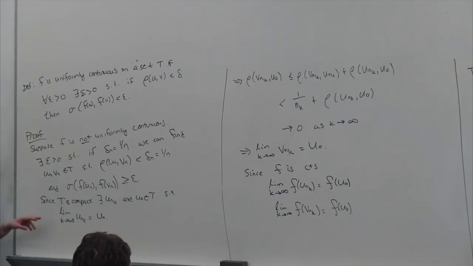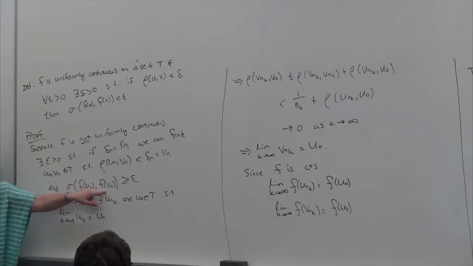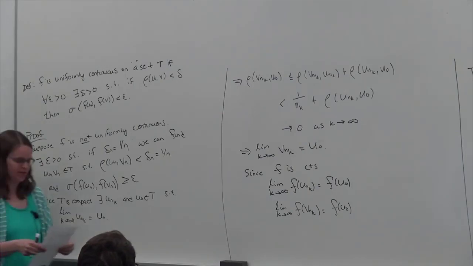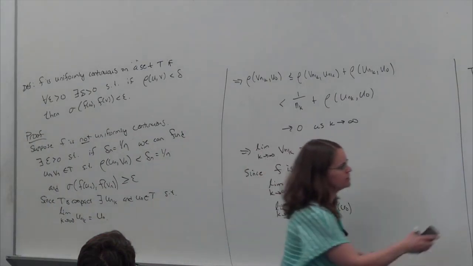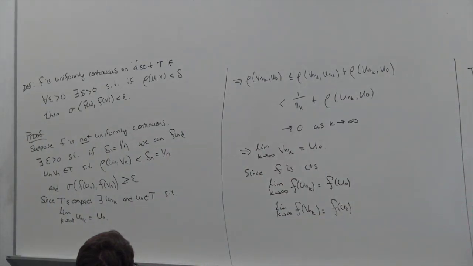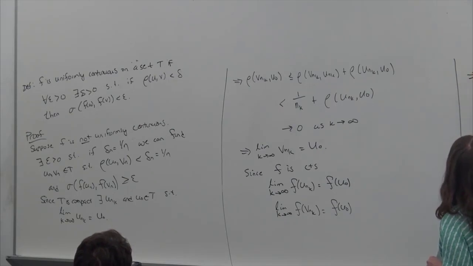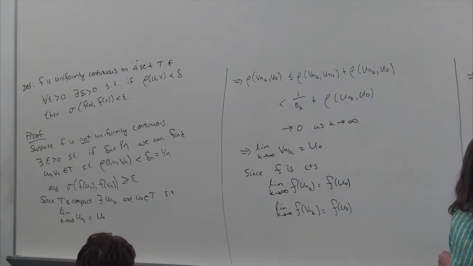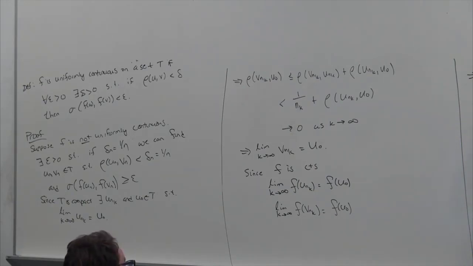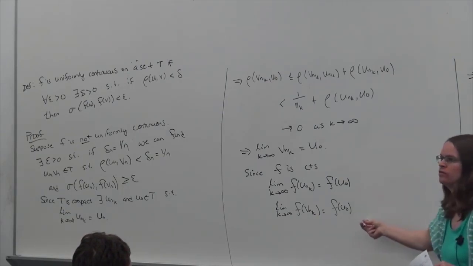And that starts to suggest that we're going to get a contradiction with this point here, right? If this guy and this guy are both approaching the same value, then the distance between them should be going to 0. Eventually it will be less than this epsilon. Okay, so the distance between f of u_k and f of v_k, I'll do my triangle inequality so that I can feed in these two facts.